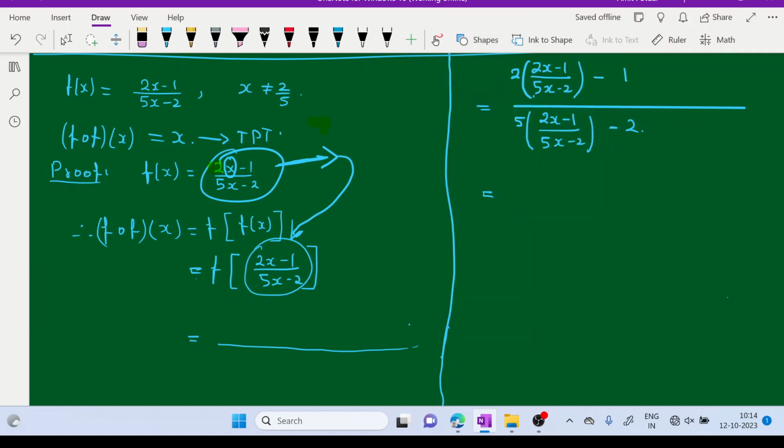Now it's solving. अभी बाकी कुछ नहीं है. Now this is just to be solved. So this is 2 into, I'll take it more below, या तो confusion हो जाएगा.